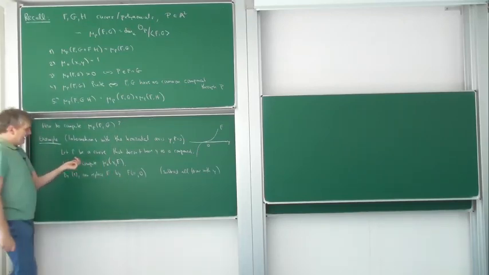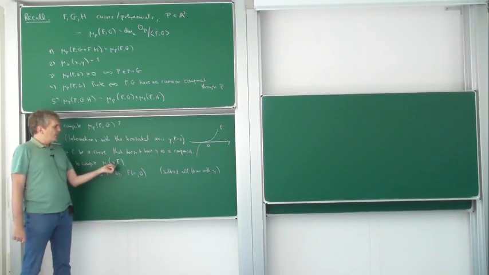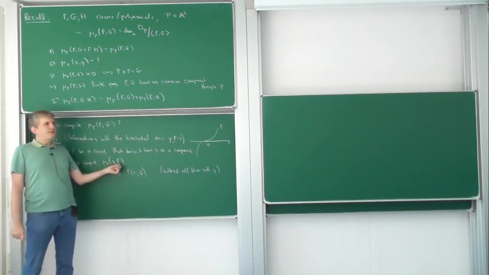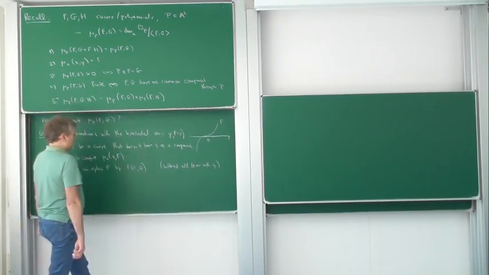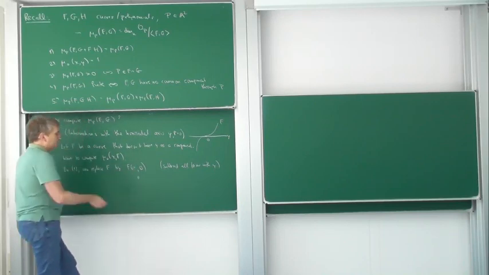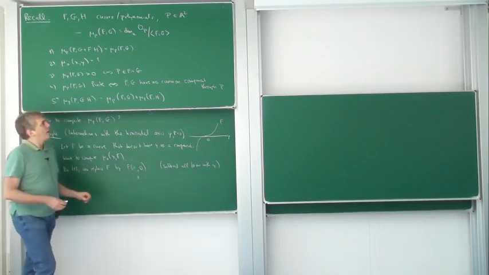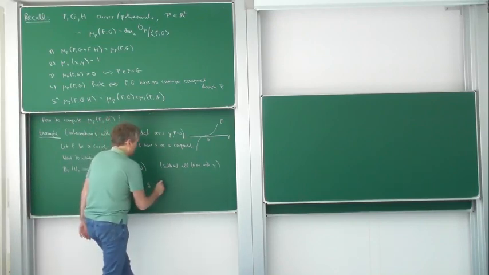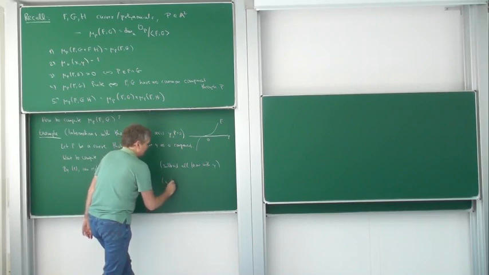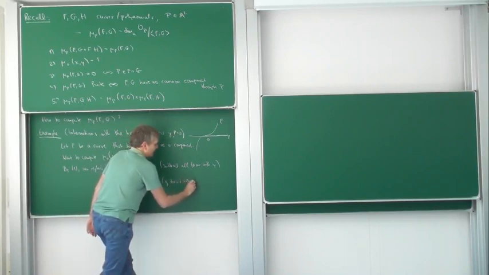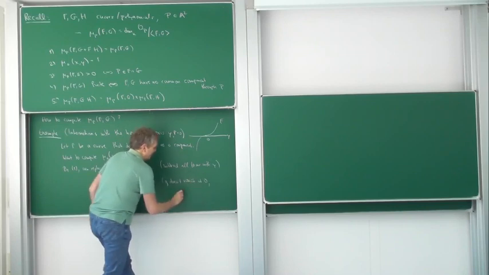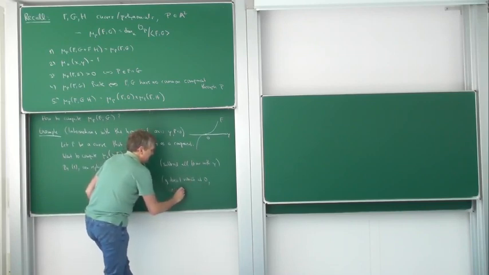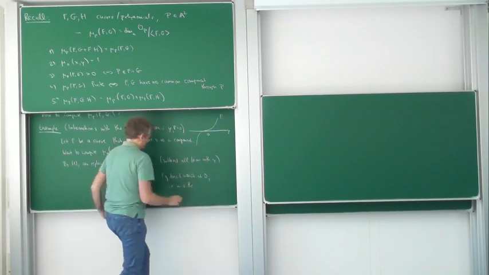So we're in the simple case where we have the simple polynomial y and one polynomial that depends only on x. And that, of course, we can write as usual as a polynomial. And I want to factor out the lowest occurring exponent of x. So I write this as x to the m times g, where g doesn't vanish at 0, i.e. the m is the lowest exponent of x.